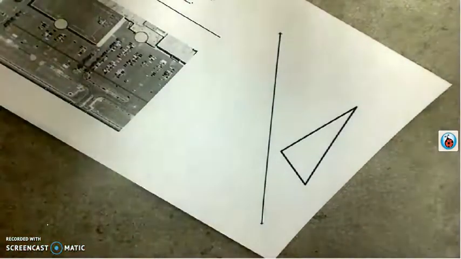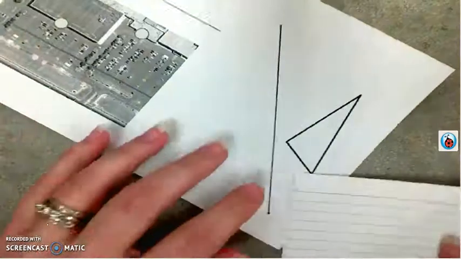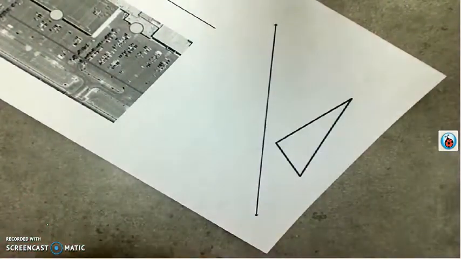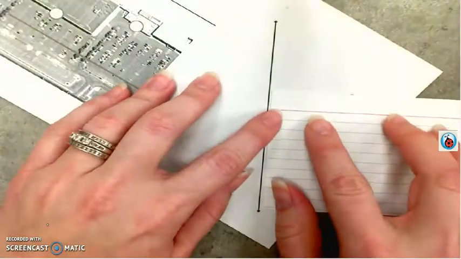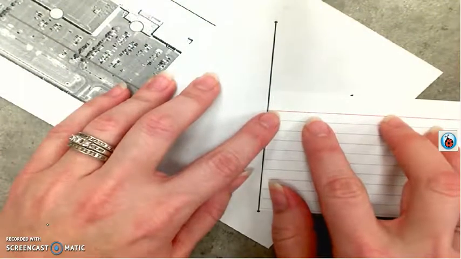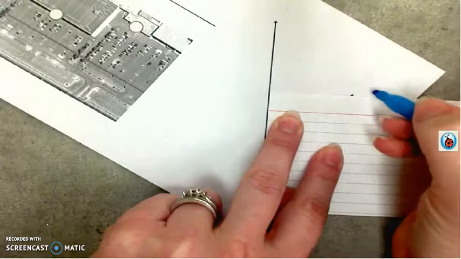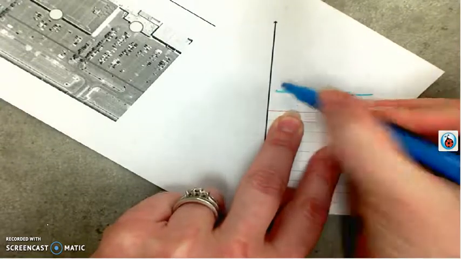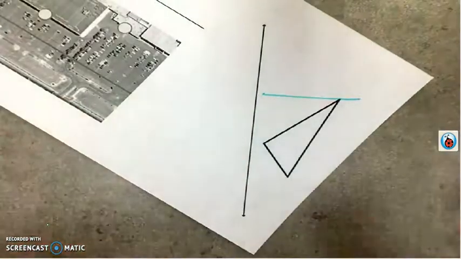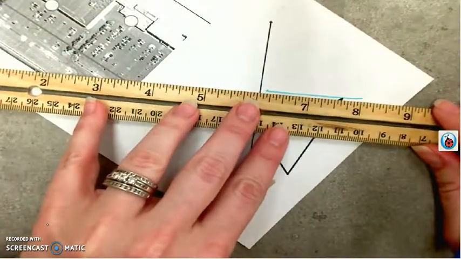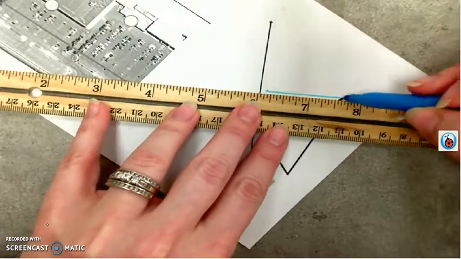So what I want you to do is maybe use a note card, because we need to make that perpendicular when we fold, right? So this is a nice 90-degree angle. And so maybe that'll help you visualize the right angle here. We want to get that perpendicular.